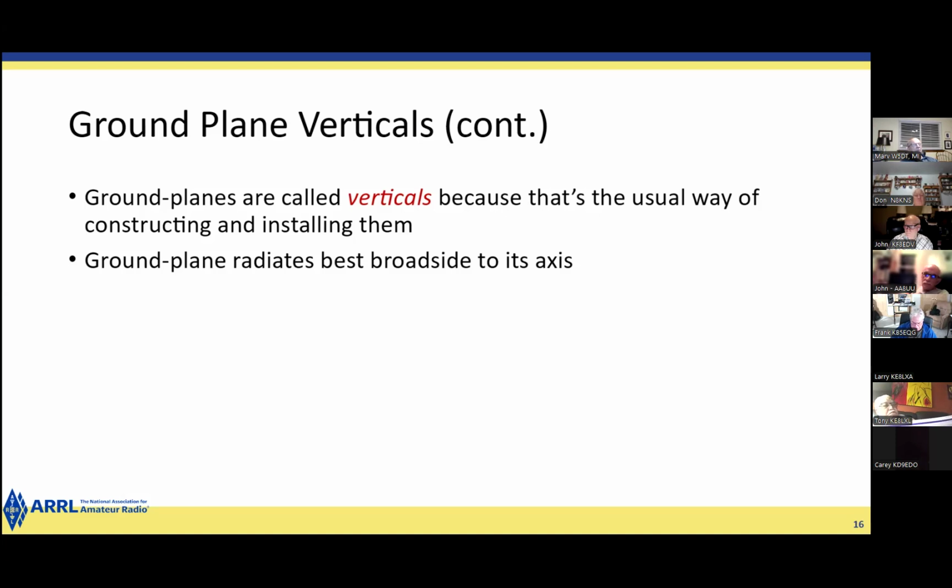The nice thing about ground plane verticals is they have a low takeoff angle, and so they're a good DX antenna. So a lot of the DXpeditions will use them when they set up on some remote island someplace.